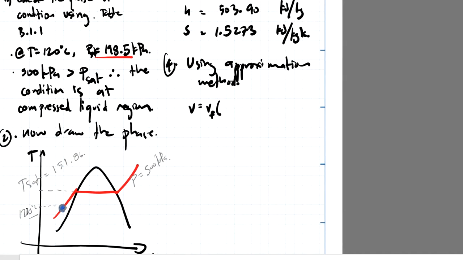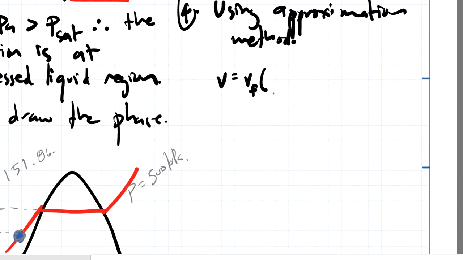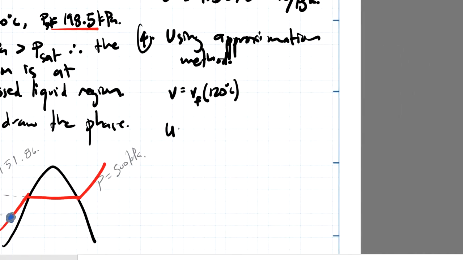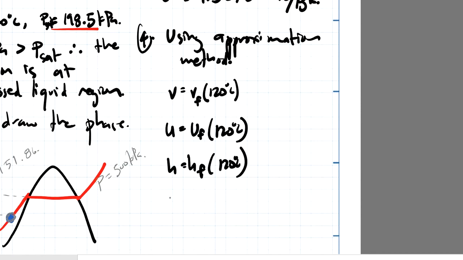At 120 degrees C. And U is UF at 120 degrees C, H is HF at 120 degrees C, and S is SF at 120 degrees C.